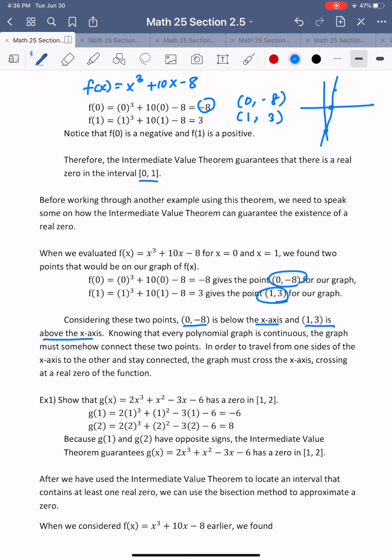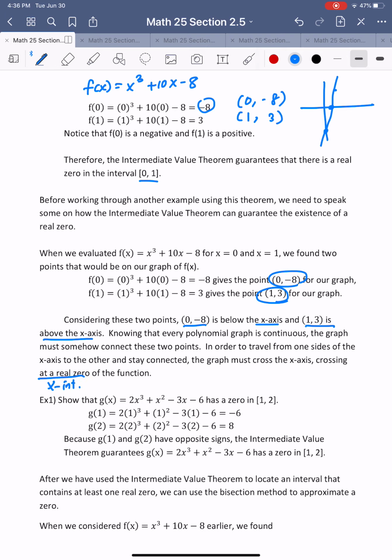Knowing that every polynomial graph is continuous, the graph must connect these two points to travel from one side of the axis to the other. The graph must cross the x-axis, crossing at a real zero of the function, and a real zero means an x-intercept.